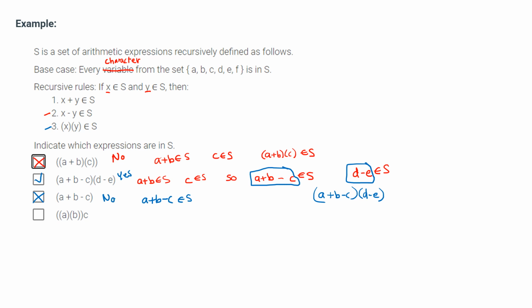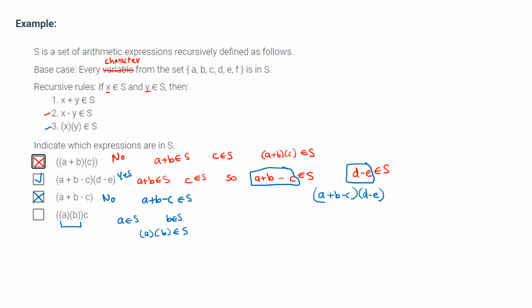This next one here, you know, we're getting better at it. We could kind of see right away maybe it's not going to work, but let's just start by saying A is in S and B is in S. So if we put an A in parentheses and a B in parentheses, put them next to each other by rule 3, that would be in S. So this is already in S, but now we've got to get this extra set of parentheses around it.